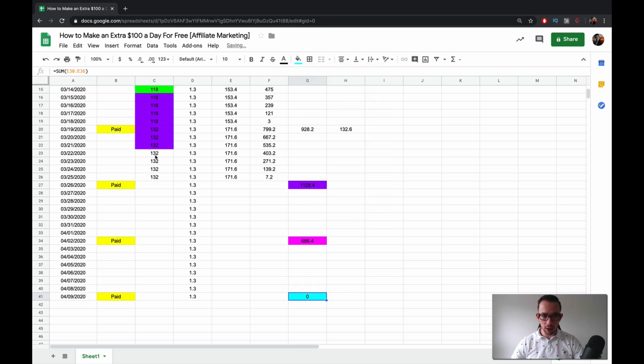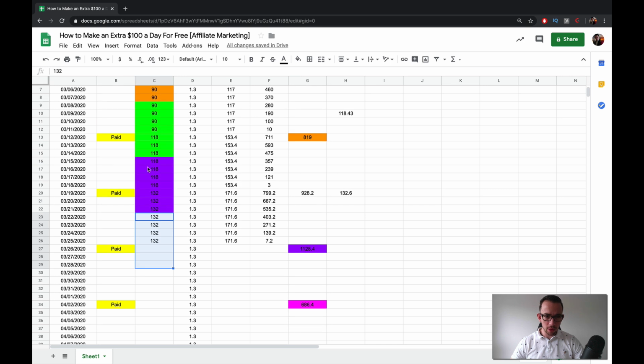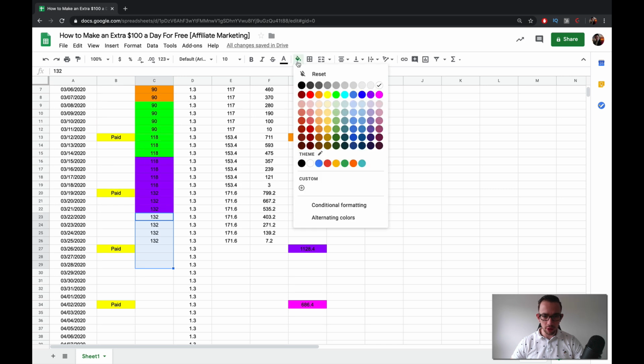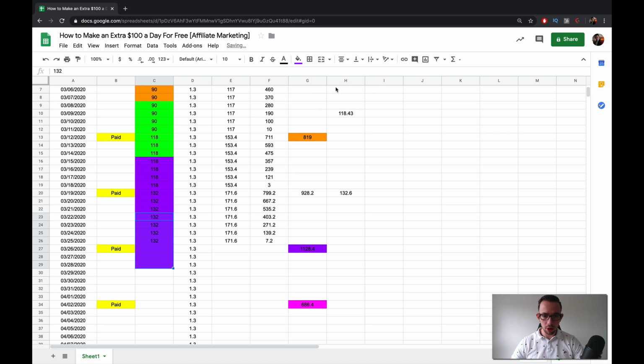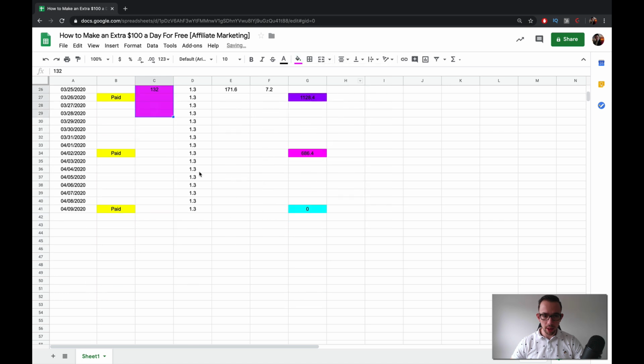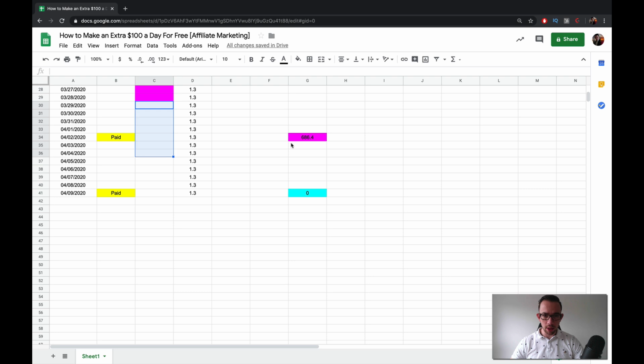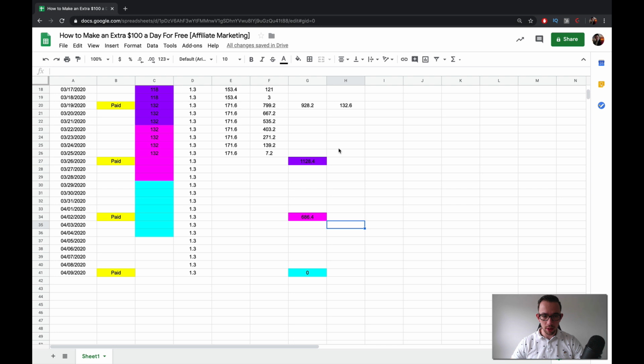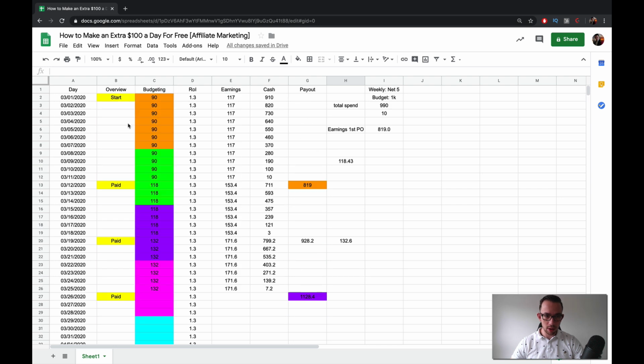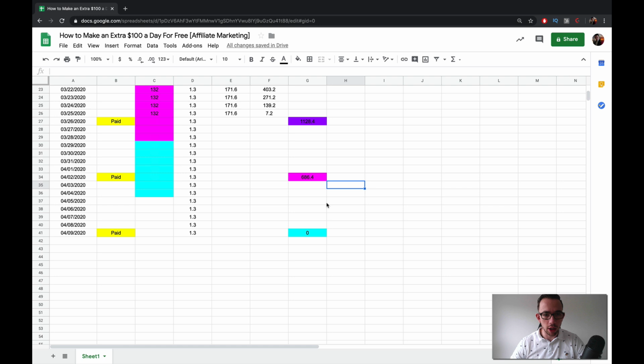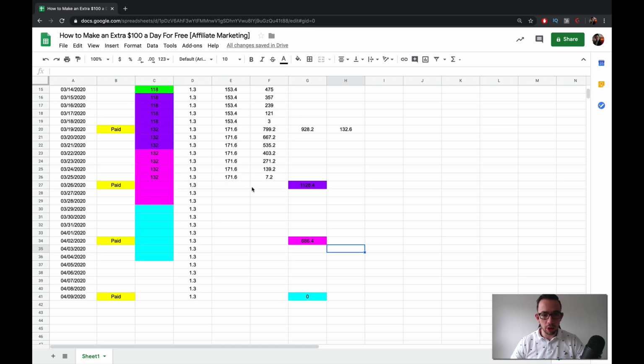Yellow, blue, 2, 3, 4, 5, 6, 7. Is that correct? Every time it goes 2, yeah, over. So this would be purple. No, this would be pink. And then this would be light blue. Right? Is that correct? Yeah. Week's end of the previous week, net 5. Okay, cool. And then you just keep building basically.